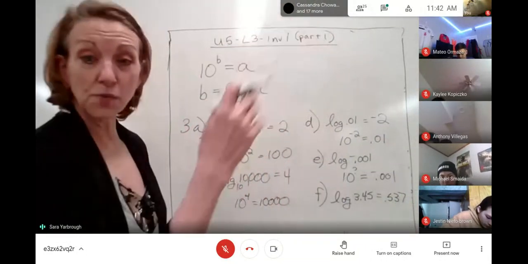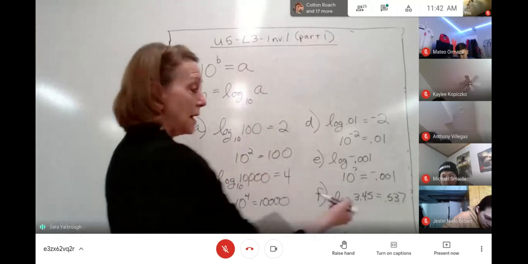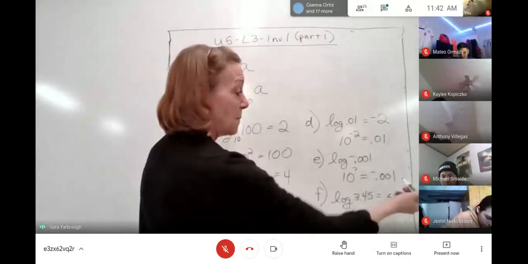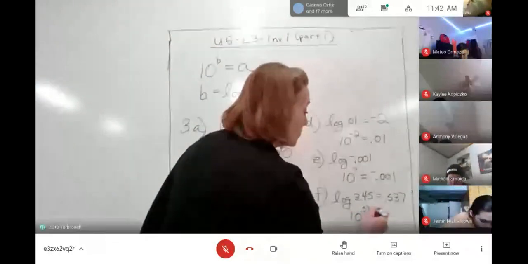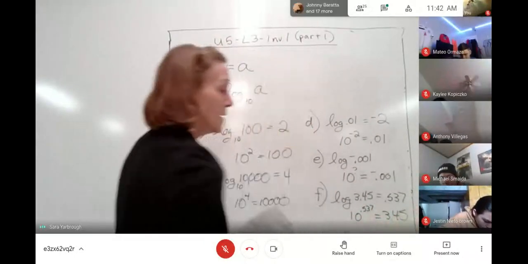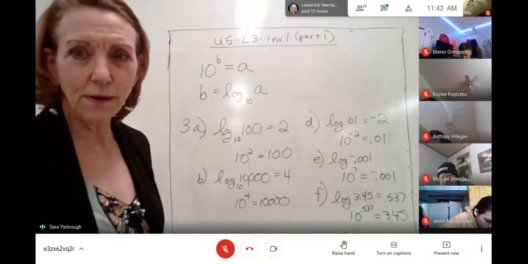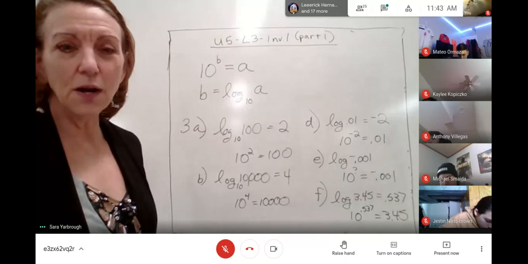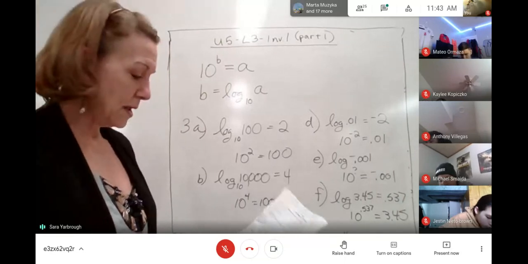And probably the decimal goes on a lot further. You have to cut it off at some point. And that's what we guessed. I think it was 0.538, because 10 to the 0.537 equals 3.45. So now we don't have to guess anymore. Now we've got a calculator, we can use logarithms to figure out those decimal exponents.